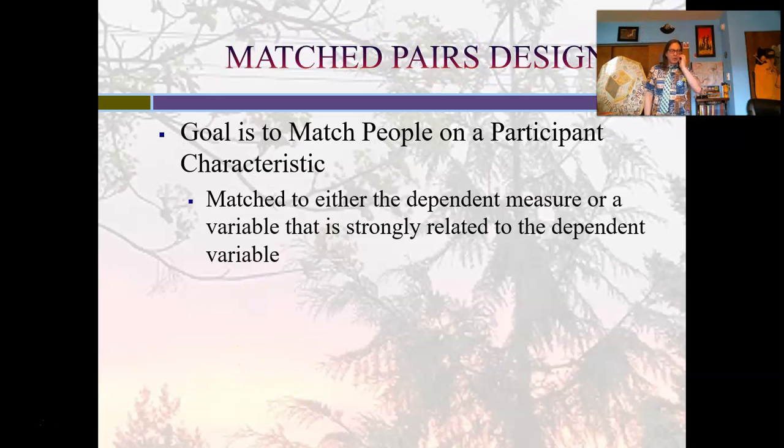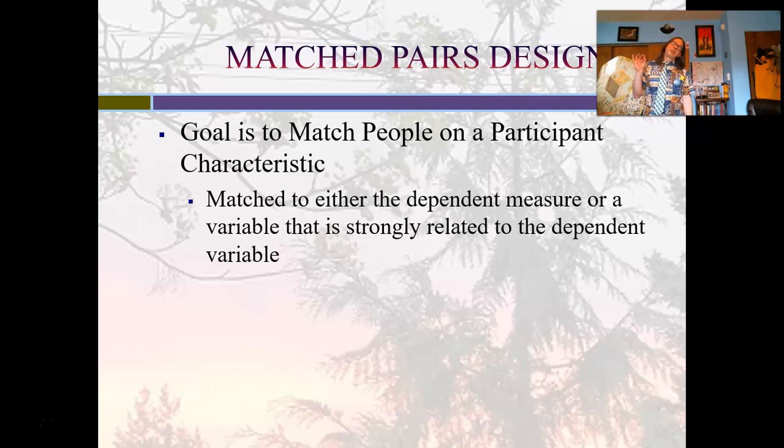All right, so this other way to deal with repeated measures design issues, or because you can't do a manipulation, is a matched pairs design. Now, we use the same statistic for matched pairs design as we do for repeated design. It's the paired samples t-test.